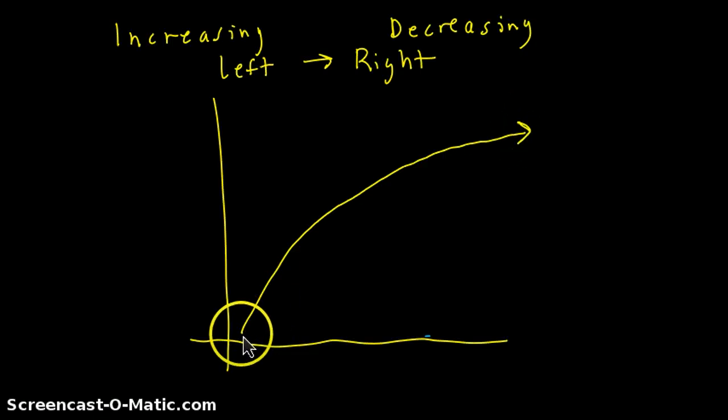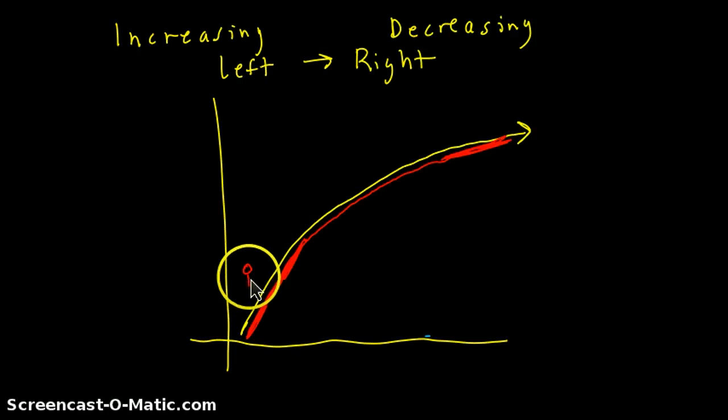From left to right, as I trace along this graph, the values of the graph are increasing. However, they're increasing more steeply here than they are here.